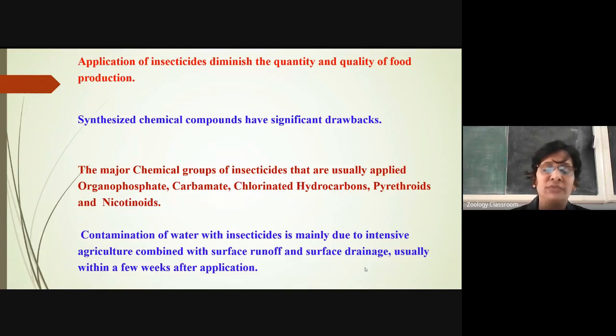Okay, so the application of insecticides, used for the control of a wide variety of insectivorous as well as herbaceous pests, would diminish the quantity and quality of food production. So in short, the application of insecticides diminishes the quantity and quality of food production.